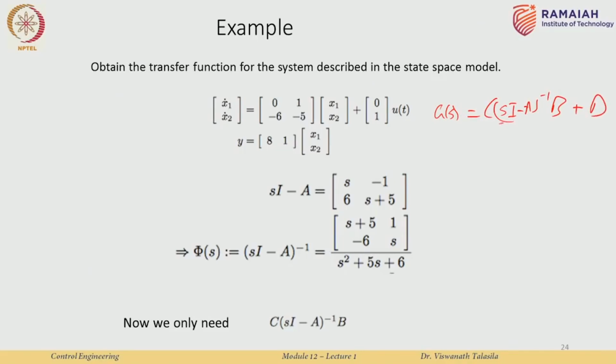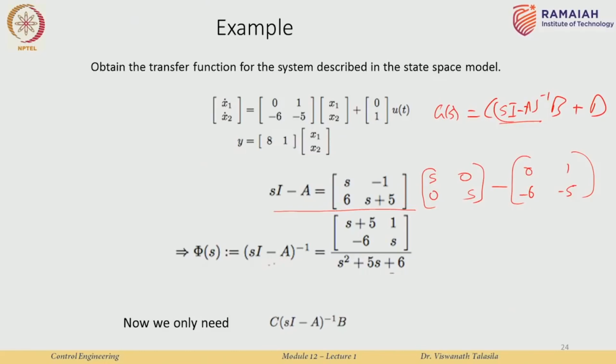So, we need to first compute sI minus A and compute the inverse of that. So, sI minus A is basically this over here, that is s times I minus the A matrix, which was just this one. When you subtract this, we get sI minus A. Then you compute the inverse of that.